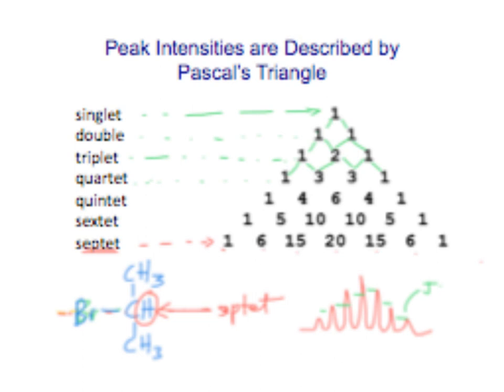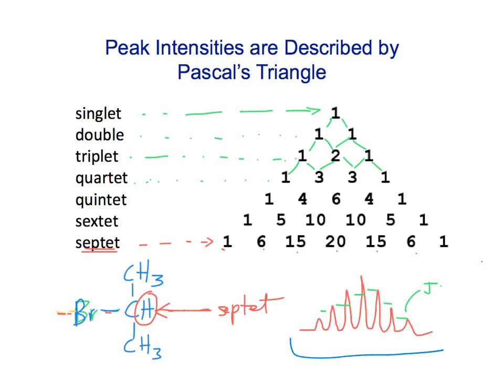We said that proton would get split by both of the methyl groups. So there were 6 equivalent protons, so we did 6 plus 1 is 7. And so we said we would see a peak that looks like this septet right here. So let's look at the spectrum of this compound and see if that's what we actually see.